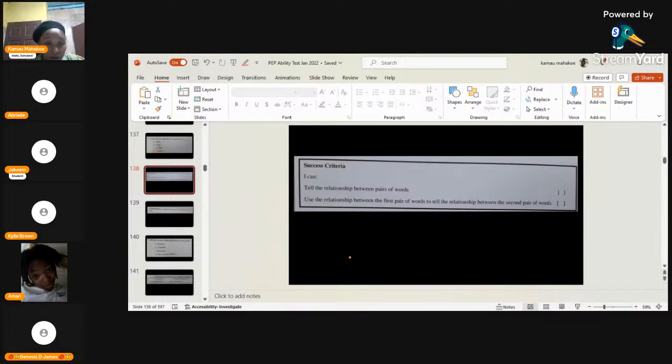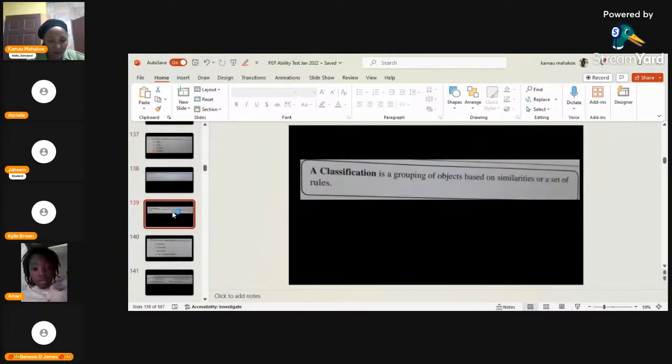We're given two pairs, so we first need to identify the relationship between the first pair of words. If you're able to do that, then you're on the right track. And if you can use the relationship between the first pair of words to tell the relationship between the second pair, that's what the analogy type questions are all about.